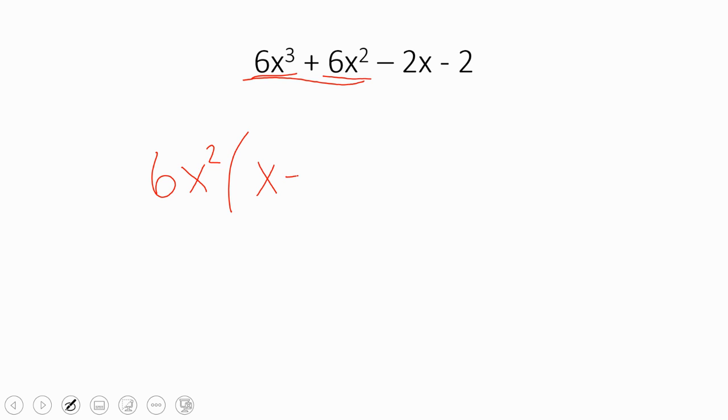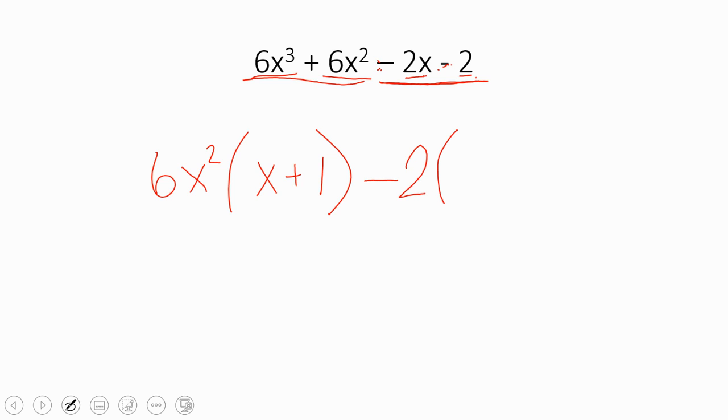When I divide that by 6x squared, I get 1. Now, when I look over here, I have minus 2x minus 2. Those both have minus, so I'm going to factor that negative out. Then I can divide both of those by 2.